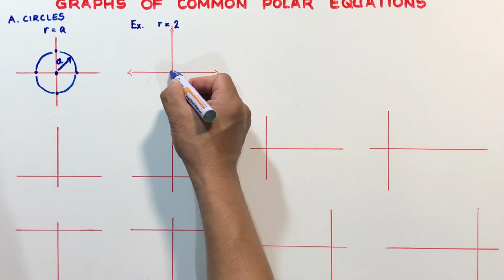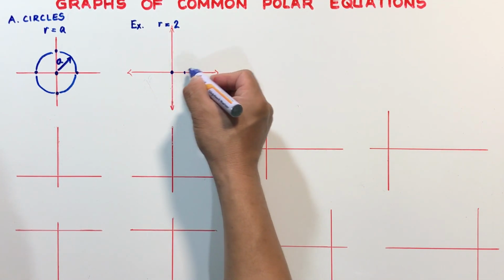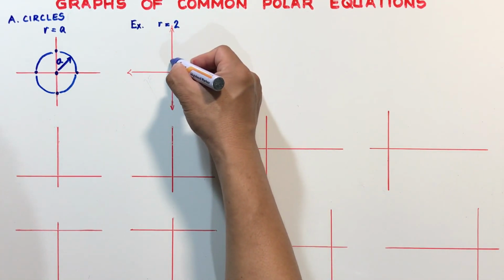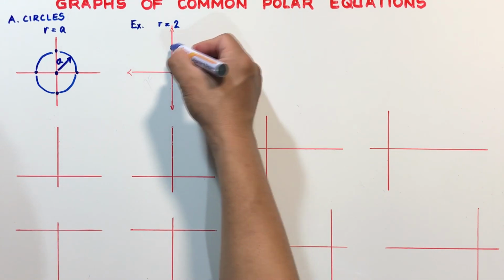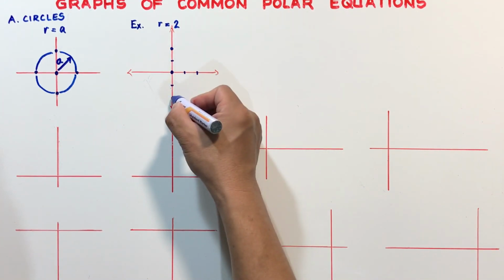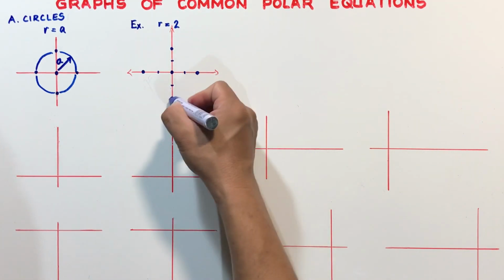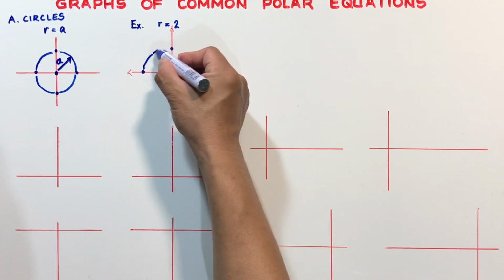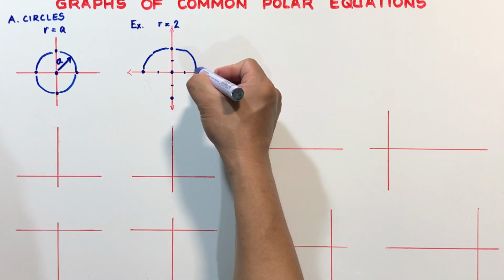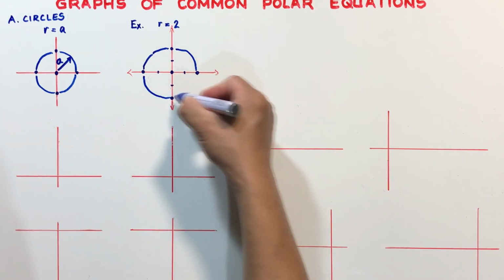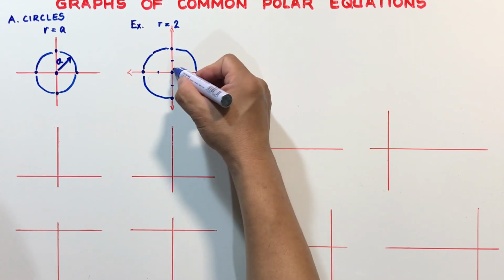This is the center of the circle, so you move 2 units to the right, 2 units upward, 2 units downward, 2 units to the left. Then you can connect these 4 points and sketch the graph of a circle of radius 2.